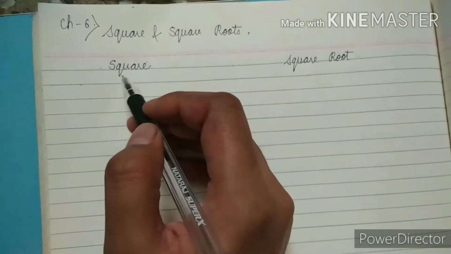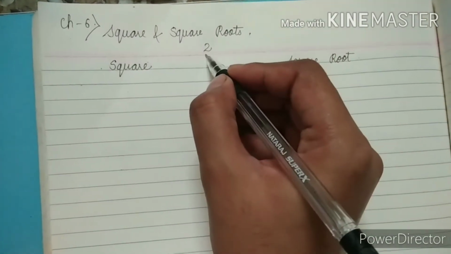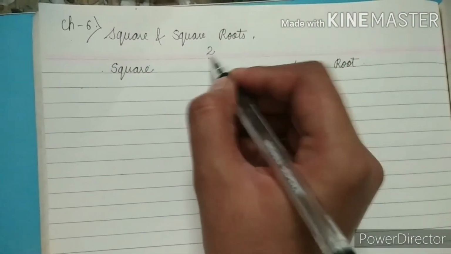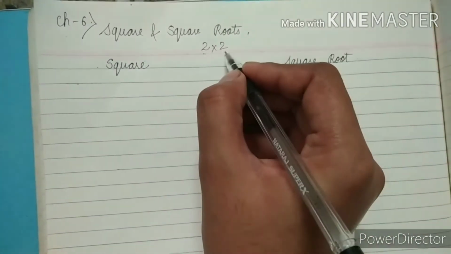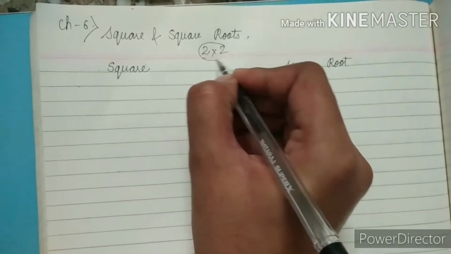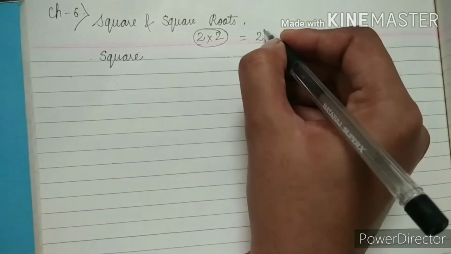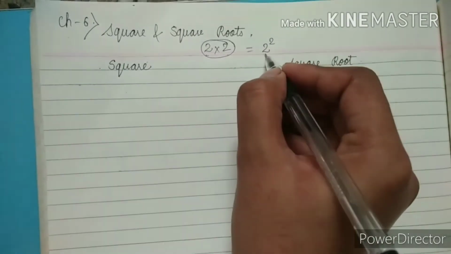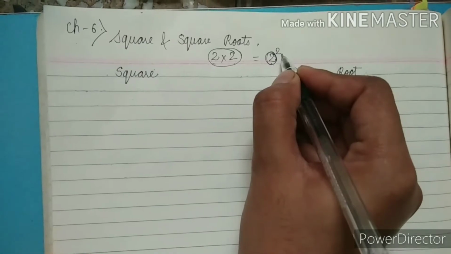A square can be recognized as when we multiply a number by itself, like the number 2. When we multiply 2 by 2, a number is multiplied by the same number. This is called a square, and here the number 2 is multiplied 2 times.